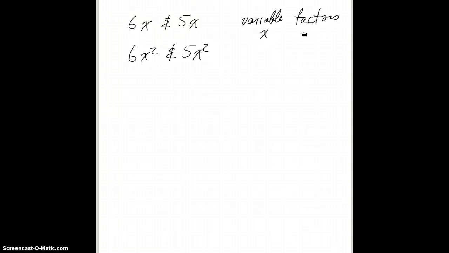For 5x, the variable factor would be x. If I factor x squared, I get x times x, right, just by definition. So the variable factor of 6x squared is x times x. Just looking at the variable of 5x squared, I also have x times x. These are the same variable factors. So I could add these two, and I would have 11x squared.